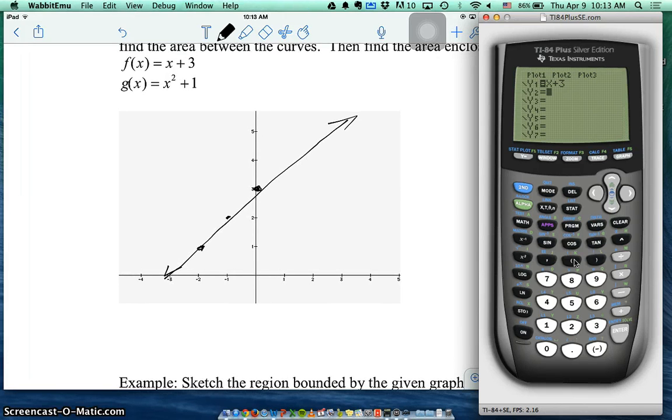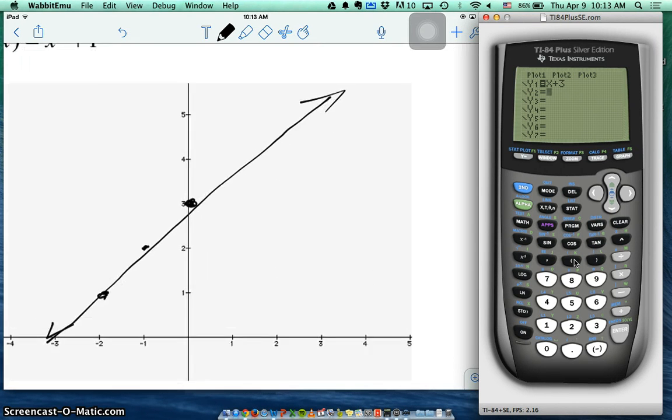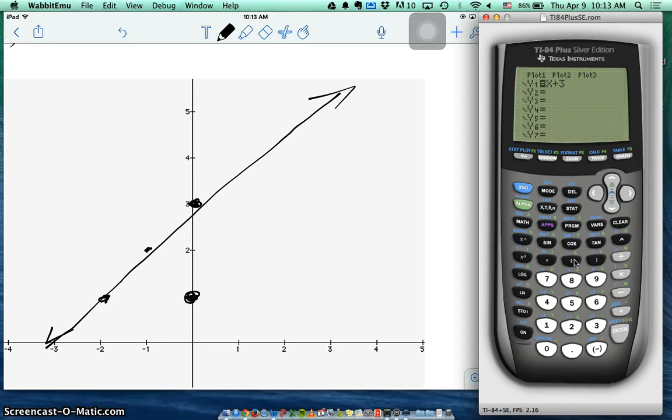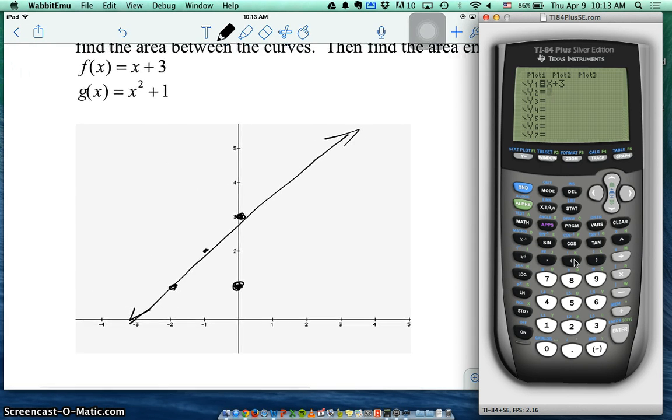And x squared plus 1 is a parabola. If we plug in 1, we have 2 right here, and at 2, we have 5 right here, approximately. So that's what my graph looks like.